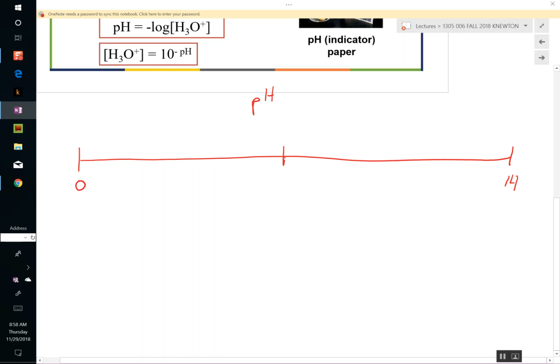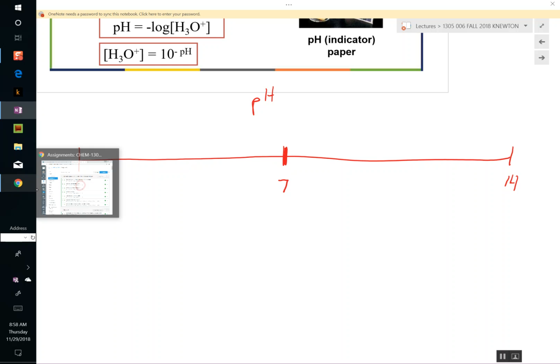And you can see it pivots right here at 7. And you've probably heard, maybe in 6th grade, 8th grade, 9th grade, 12th grade, that neutral solutions have a pH of 7.